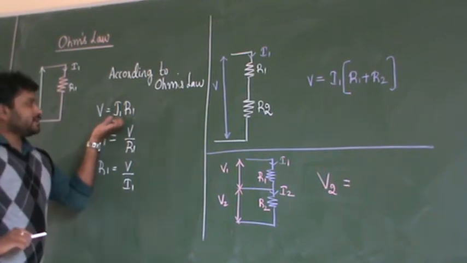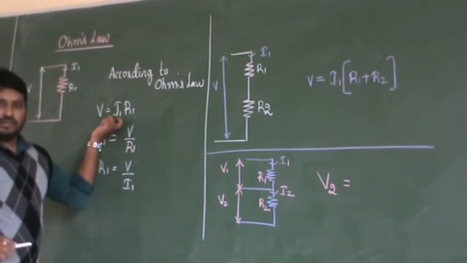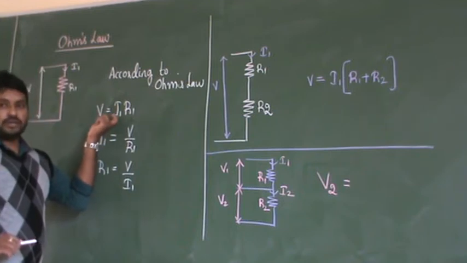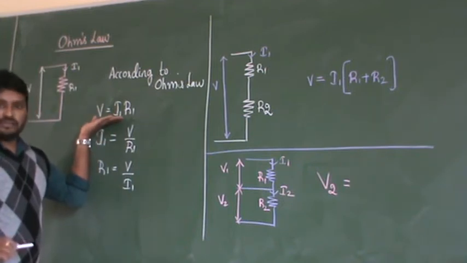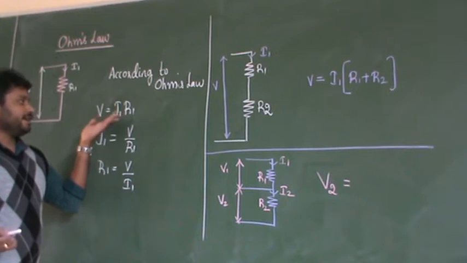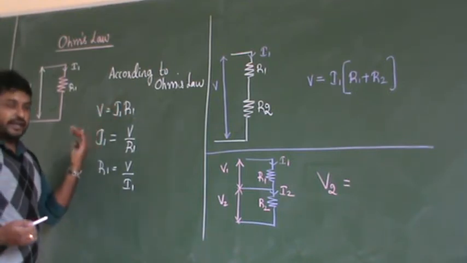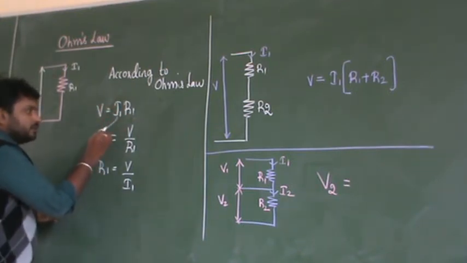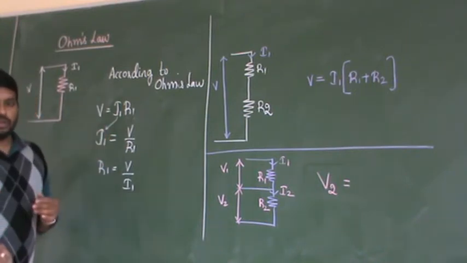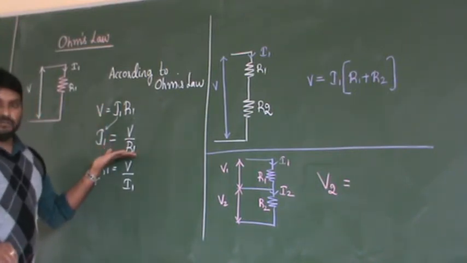Now, can I write the equation for current? If you know one particular equation, then you can easily find any of the quantities by taking it to the LHS. So now I am bringing I1 to the LHS. How will this equation be? I1 = V divided by R1.